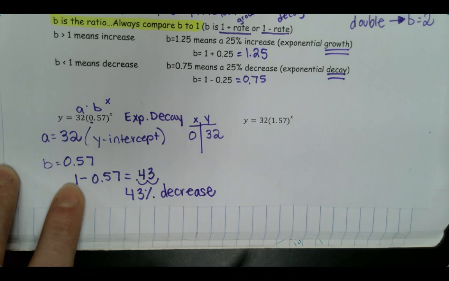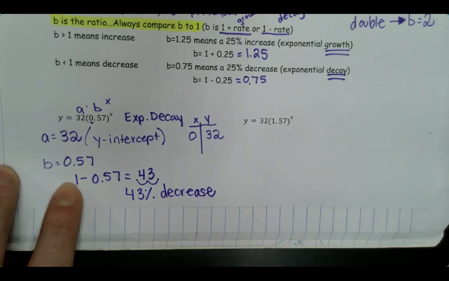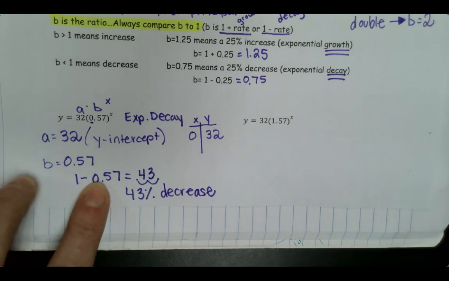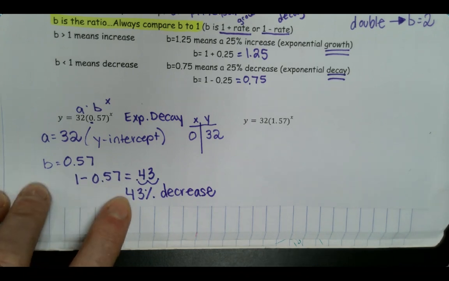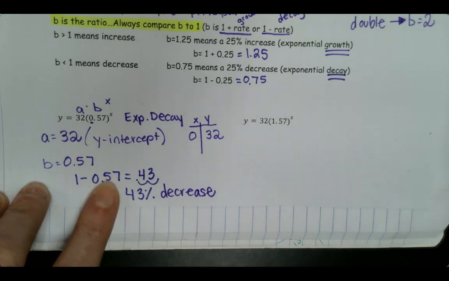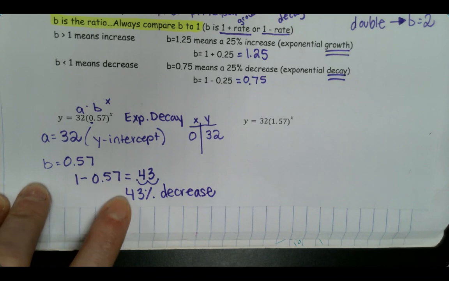It's how far it is away from 1. Because if you think about percent, 100% means stays the same. If we go down to 57, that means it went down by 43. So always compare it back to 1. Don't just take the number behind the decimal. So that's a 43% decrease.